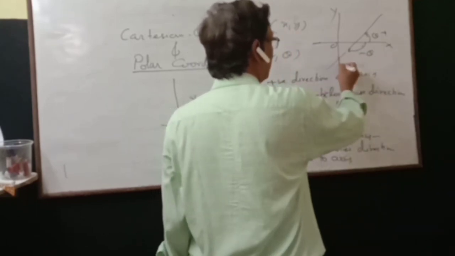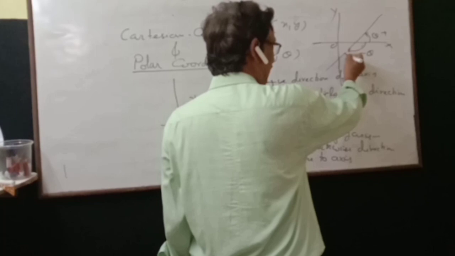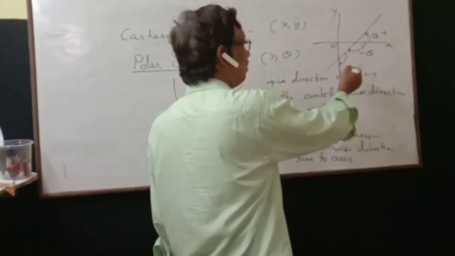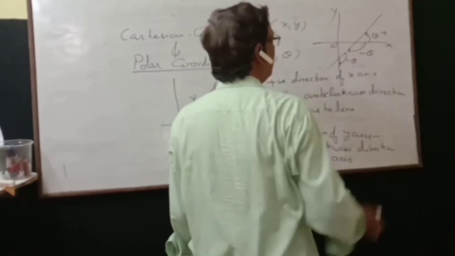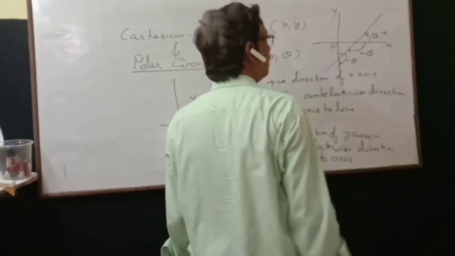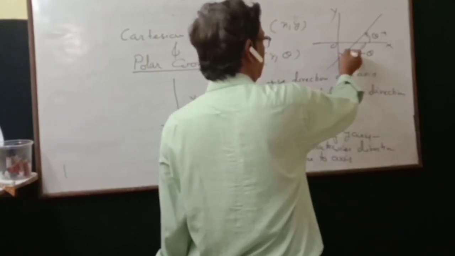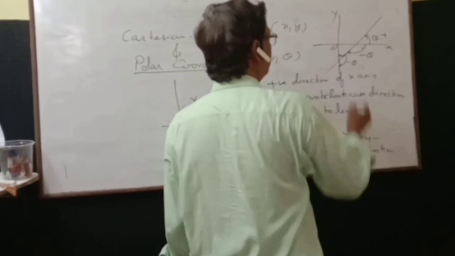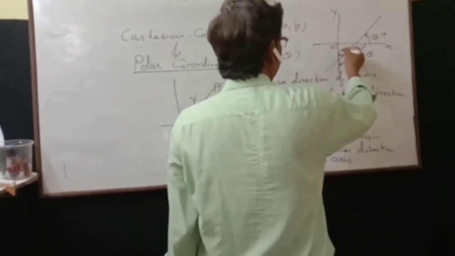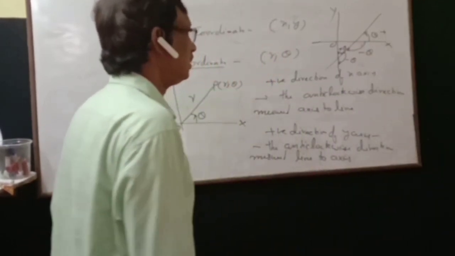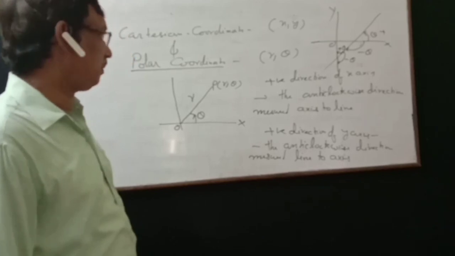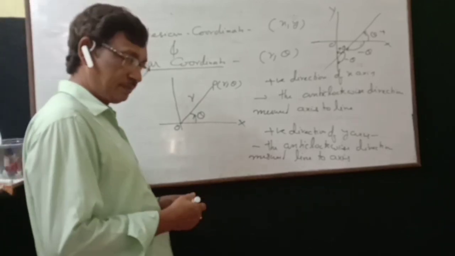In the y-axis, line to axis in the clockwise direction is negative theta, and line to axis in the anti-clockwise direction is positive theta. I think you follow the positive directions of the x-axis and the y-axis.